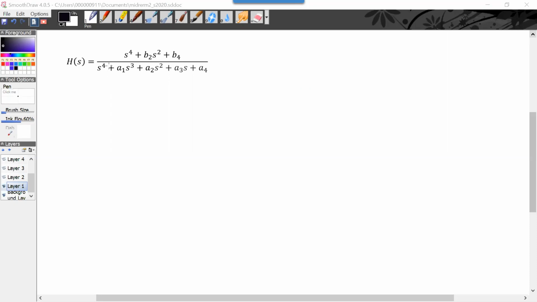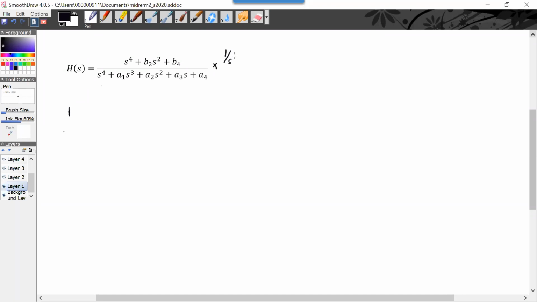All right. So let's make this into a DF2 circuit. It's fourth order. So that's really going to be 4 integrators. Now, to convert it into integrators, now I have it memorized.